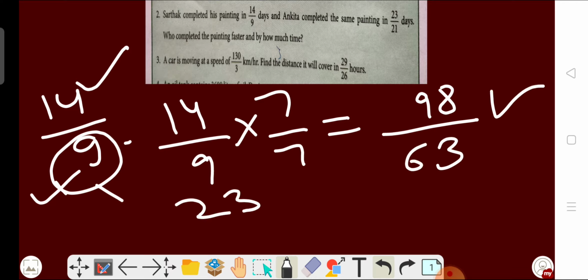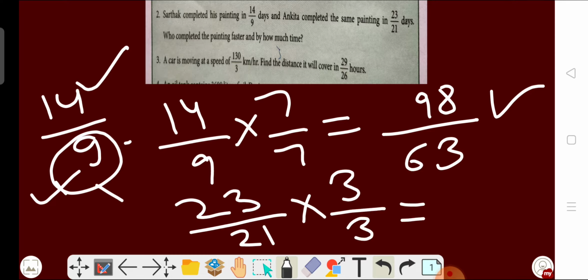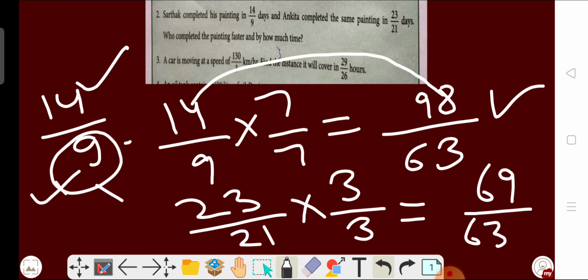In the same manner, to make the denominator in 23/21 as 63, we multiply both numerator and denominator by 3, and this becomes 69/63. Now 14/9 becomes 98/63 and 23/21 becomes 69/63.